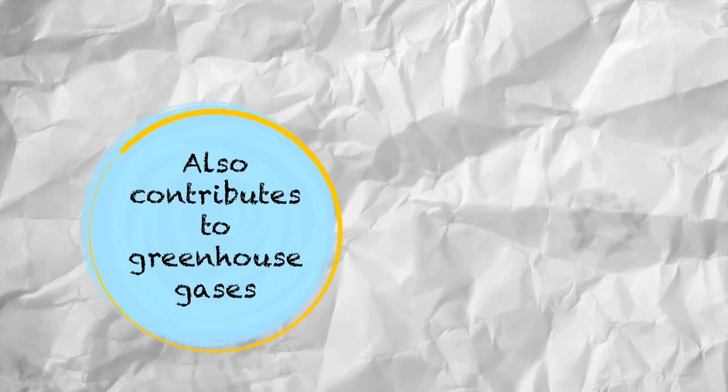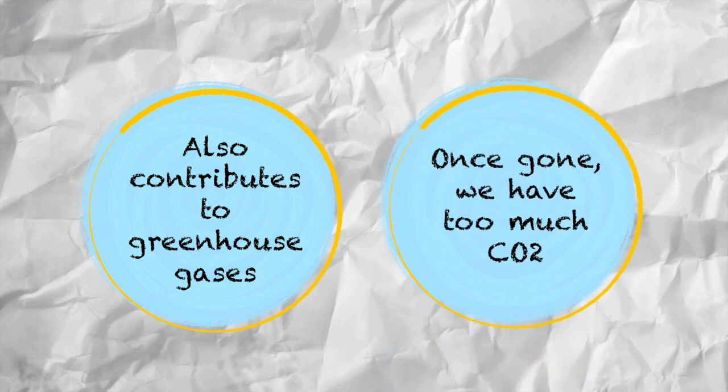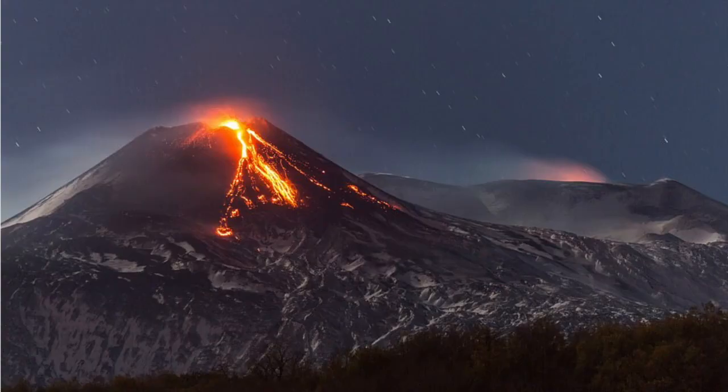Deforestation also contributes to the greenhouse effect, as trees and vegetation are a natural sink of carbon dioxide, and once that sink is gone, carbon dioxide is no longer removed, and we are left with too much of it for a clean environment. Volcanic activity also contributes to the greenhouse effect by releasing carbon dioxide when they erupt, and through underground lava, but their contributions pale in comparison to the amount of carbon dioxide released by human causes.